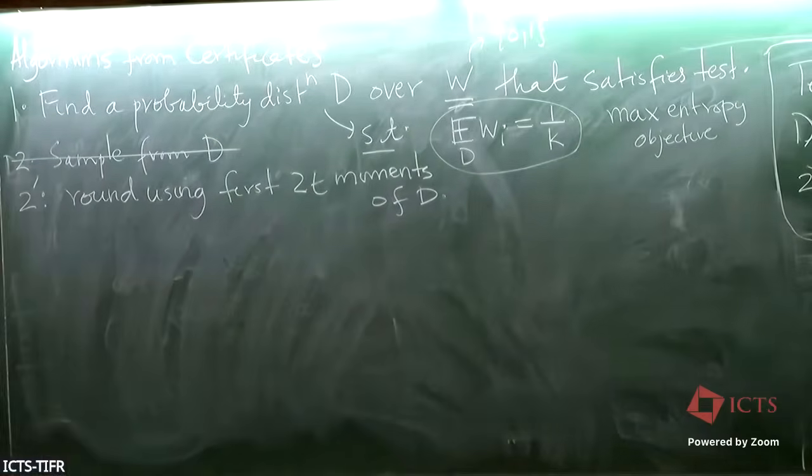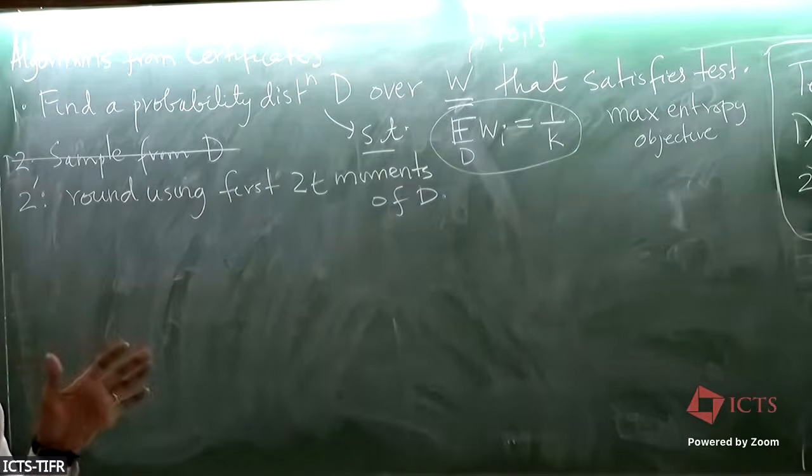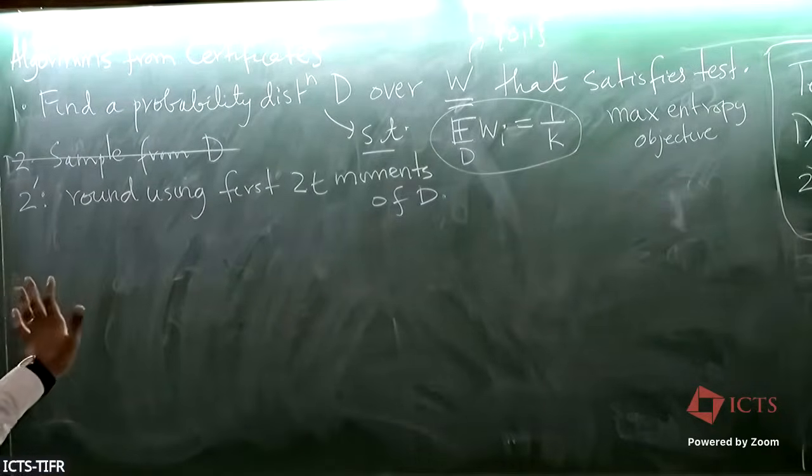I just have to find the first 2t moments of this distribution. There are d to the 2t numbers that describe the first 2t moments, namely the monomial moments, right? And so, at least I can describe this object in a small number of parameters. Does it make sense? Okay, so let me give you this algorithm, and then, we'll continue to make it better.